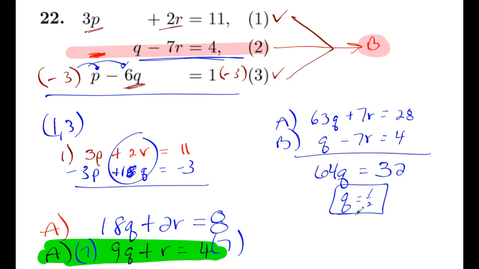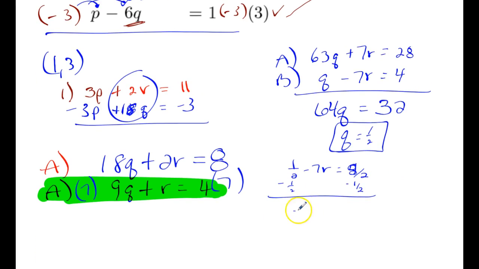And then I'll go and take this 1/2. I'm going to go to the pink equation and say this Q is a 1/2. So I'll write 1/2 minus 7R equals 4. Actually, that 4 is the same thing as 8/2. So if I subtract off a half from both sides, I get negative 7R. 8/2 take away 1/2 is 7/2.